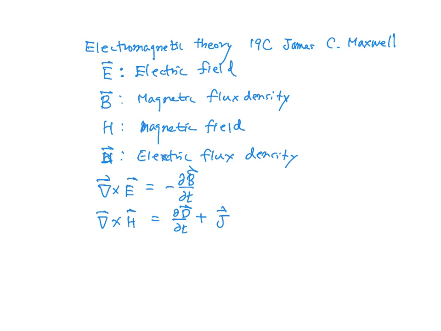J, and B equals mu H. This is called permeability, 투자율, and epsilon is called permittivity.